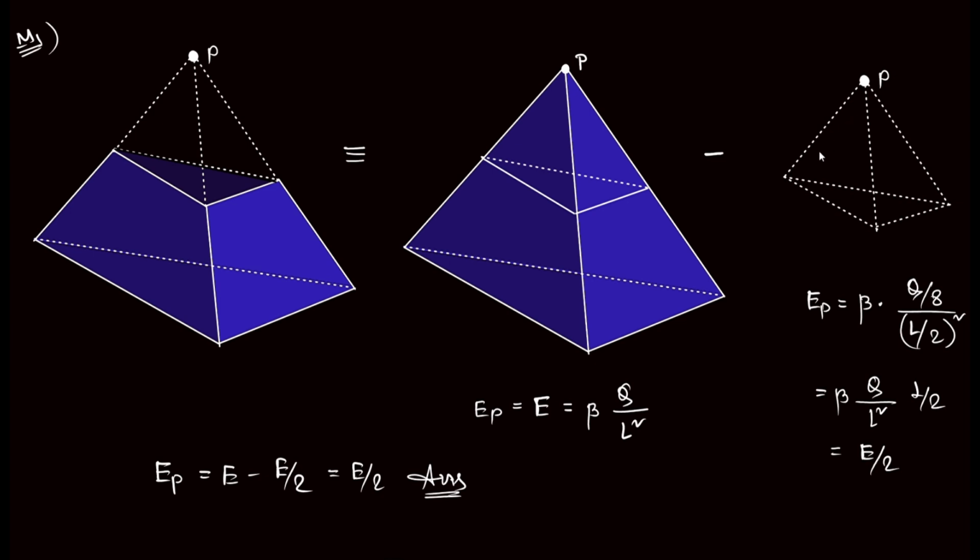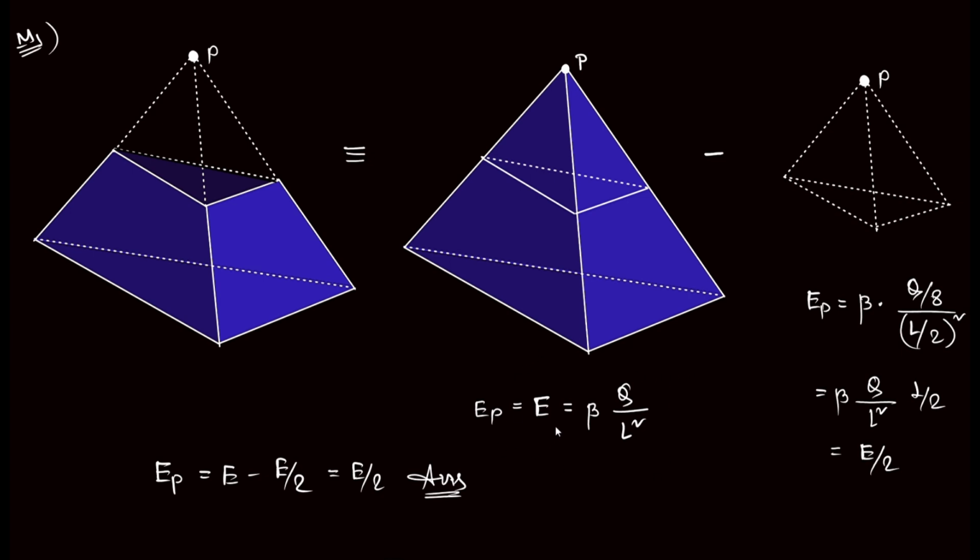So here I have assumed that the electric field at a corner of a tetrahedron will be an arbitrary constant, say beta, times q, that is the charge in this tetrahedron, upon L square, the length squared. Okay, I will assume like that.